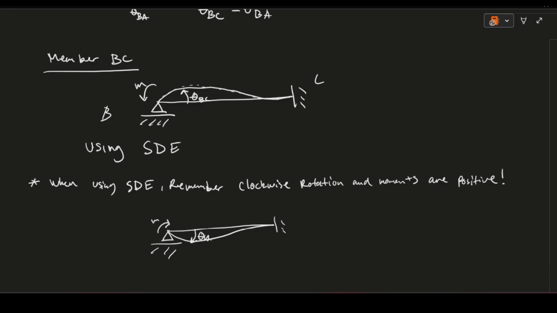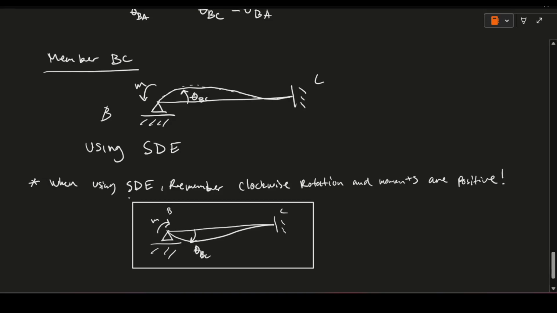This is positive, so theta BC is a positive rotation. This is just to illustrate what positive looks like. In our case, we have a counterclockwise moment and a counterclockwise rotation at BC.